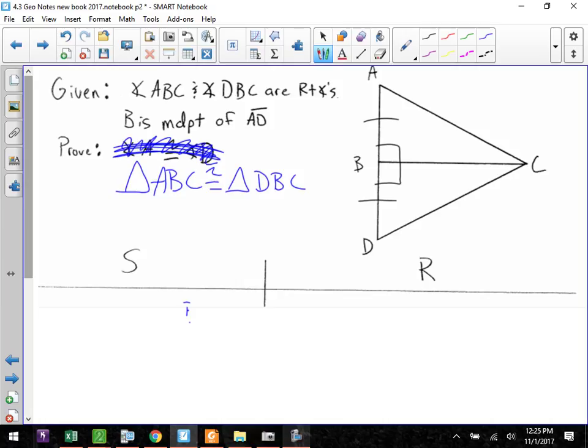Why? It doesn't say that. Why is BC congruent to itself? Reflexive. All right. It's shared. When you have that shared side, it's called reflexive. So why would those two triangles be congruent? Side, angle, side.